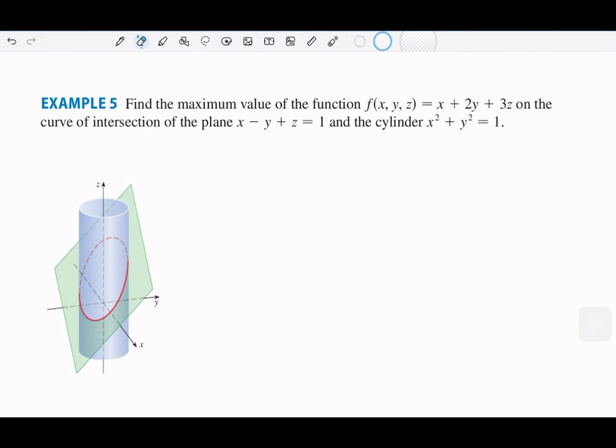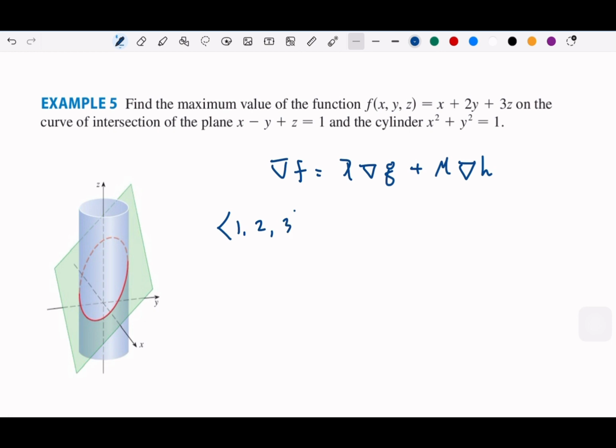So we can write del f is lambda del g plus mu del h. I will write it in terms of vectors like this: 1, 2, 3. I think this is very simple. And del g is 1, negative 1, 1, plus mu times 2x, 2y, 0, right?